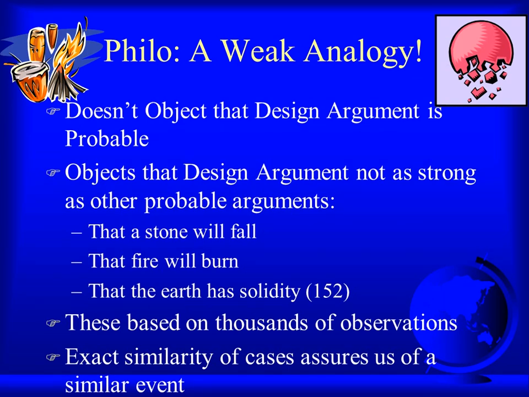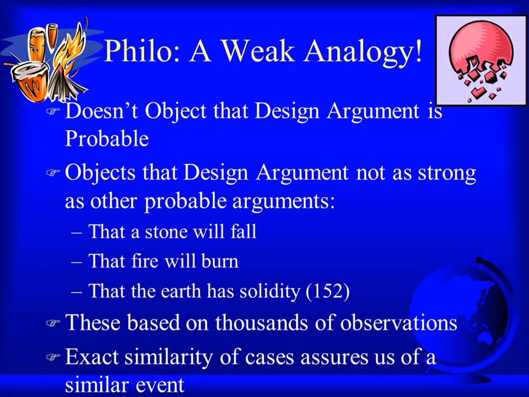Philo is not as worried that it's a probabilistic argument, that it's an argument from analogy, but he thinks it's a bad argument from analogy. In other words, with inductive arguments, you can have good ones and bad ones.